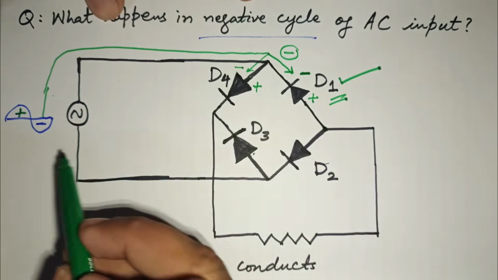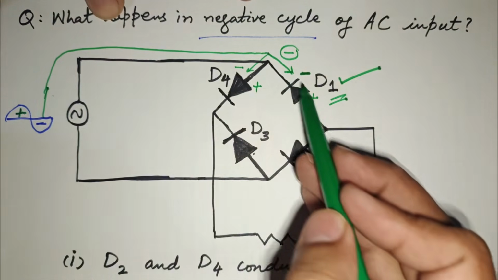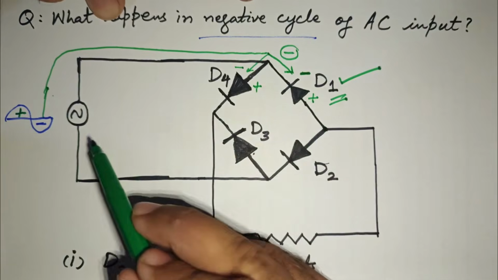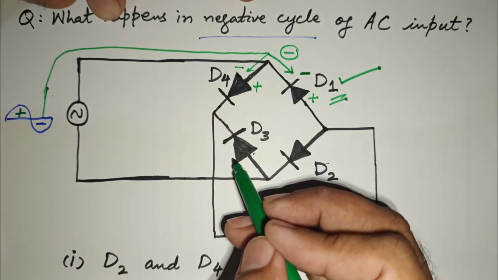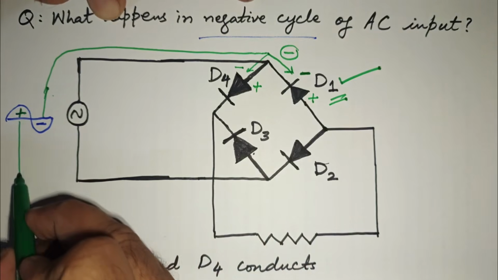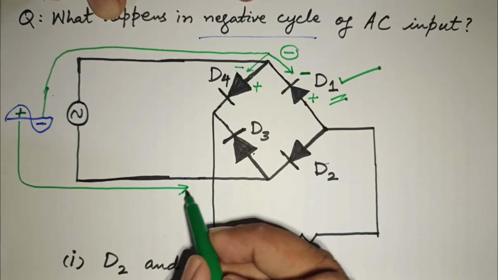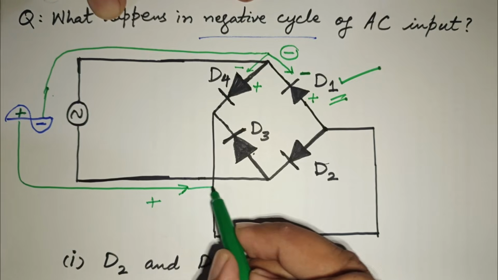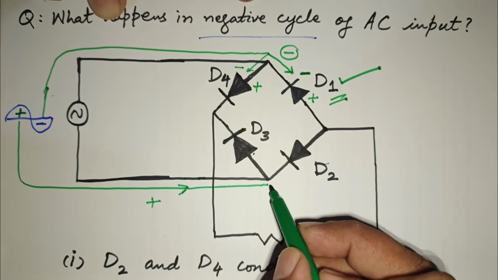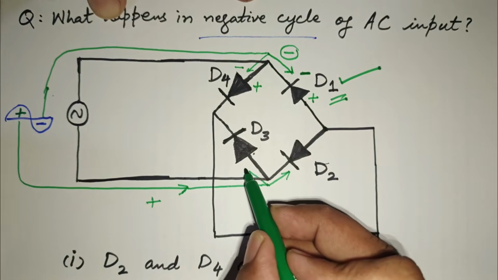Now when this negative cycle moves in this direction, because we are dealing with the AC, alternating current, at the same time the positive cycle will move in this direction. Positive is coming in this direction. When it reaches over here, it has two paths. One is this one and other is this one.